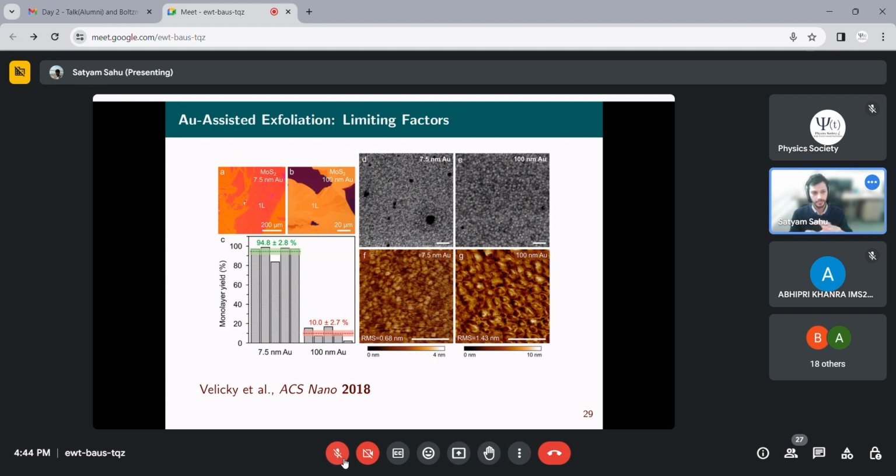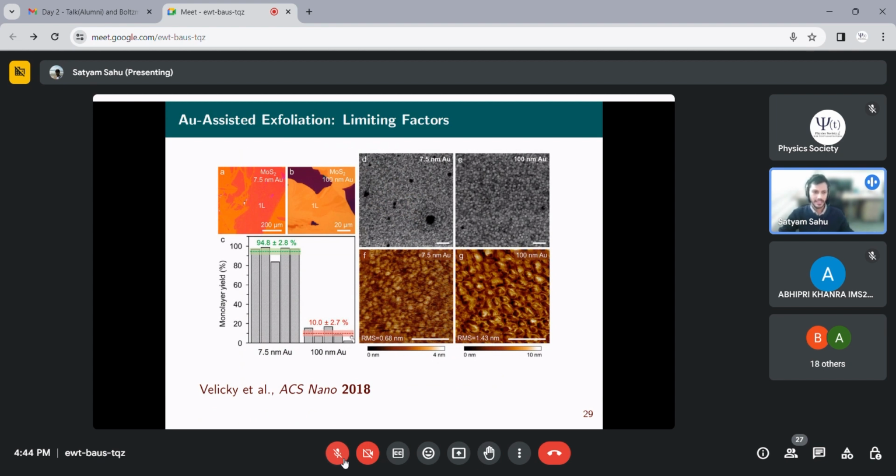So here we deposited two different thicknesses of gold actually. So for 7.5 nanometer gold and the 100 nanometer gold, and what we observed was the yield of monolayers was roughly 100% when it was 7.5 nanometer gold. But when it was like 100 nanometer gold, it was mostly like 10% ish.